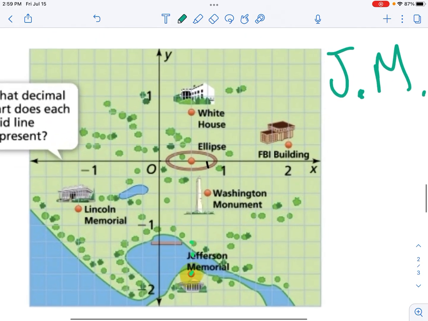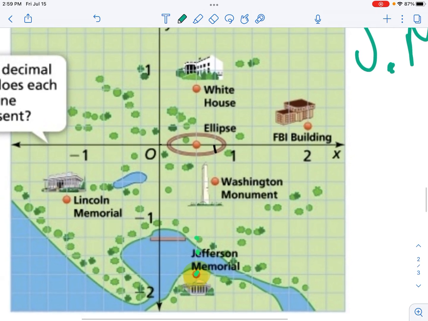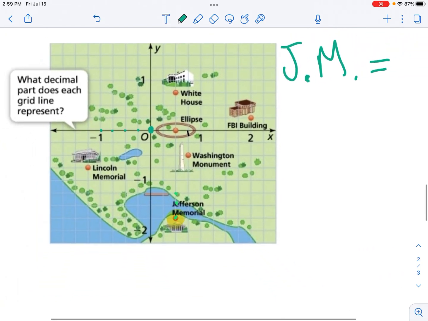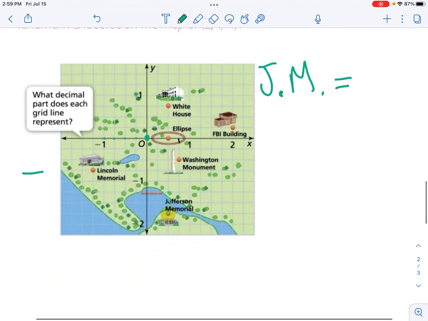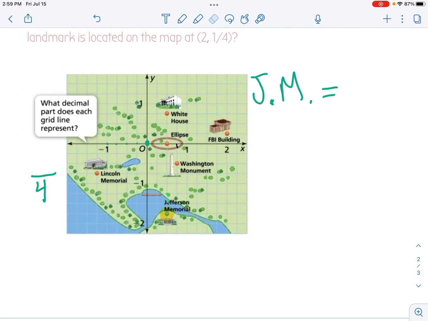The first thing I'm going to do is count to see what fraction makes up each tick mark. Remember, we never count where we're starting, so we're not going to count 0. So 1, 2, 3, 4 to get to my whole number. So I know that all these tick marks are going to be out of 4. My denominator is going to be 4.